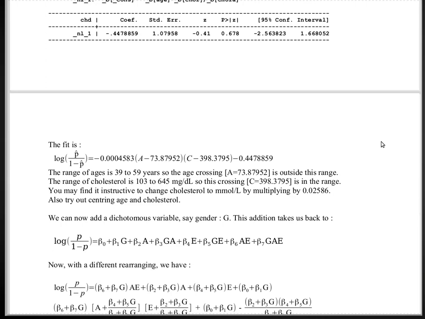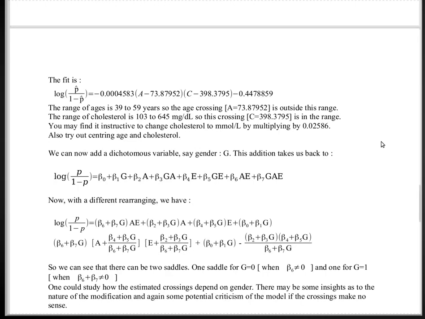And as I alluded to, we can have quite complicated extensions to this by, for example, adding gender to the study, in which case age is measured, exposure is measured, and gender is dichotomous. Then we can get the whole issue of the study of the saddles.